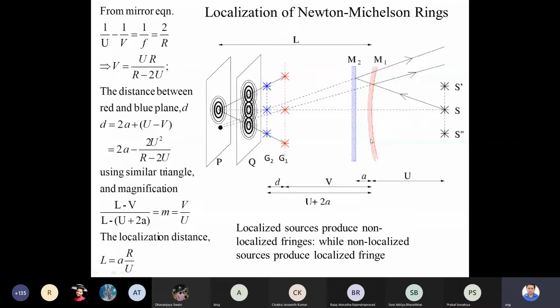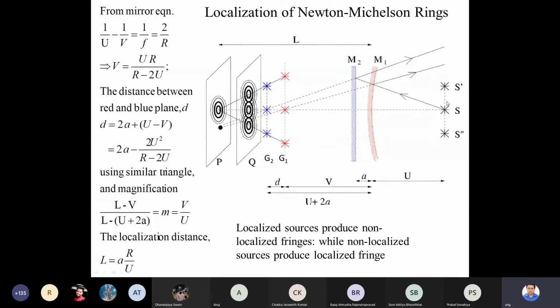Now you have a source, which is an extended source. You put a plate G that gives you an equal intensity source. That is the function of the glass plate we put at some angle in the Newton ring experiment.